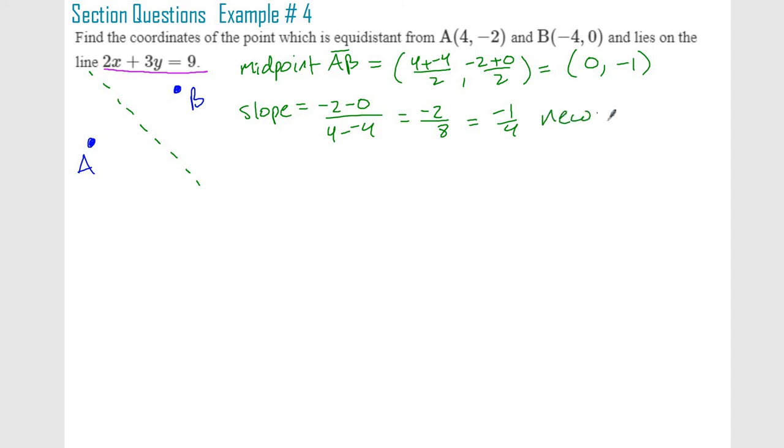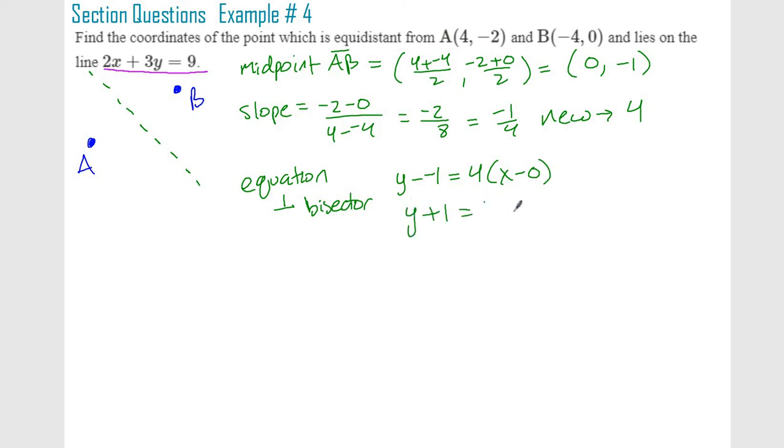So our new slope, the perpendicular one, is now positive 4. So the equation of the perpendicular bisector is going to be y minus negative 1 equals 4 times x minus 0, or y plus 1 equals 4x.